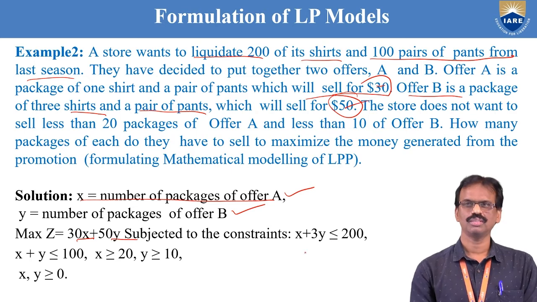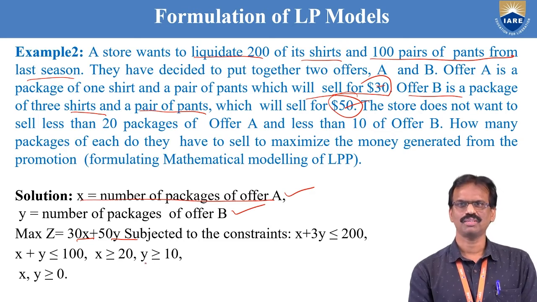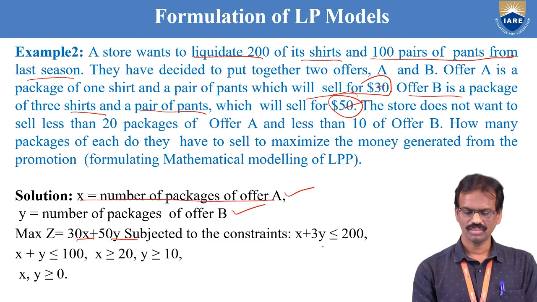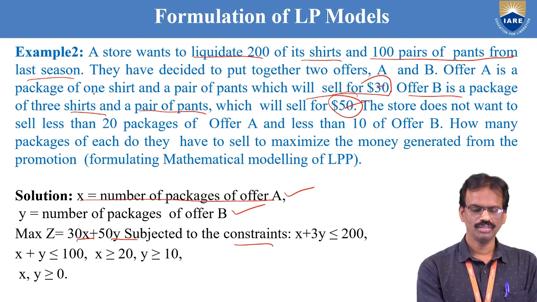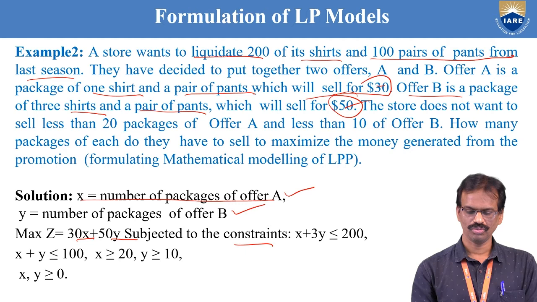That is the objective function, and here it is a maximization objective. Constraints: the first constraint is one shirt and a pair of pants, so x plus 3y is less than or equal to 200.